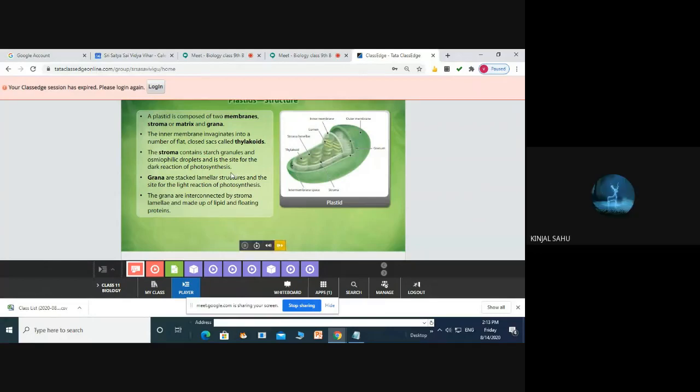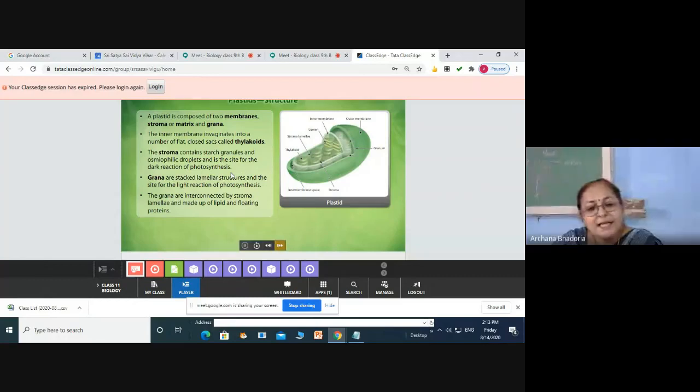Okay. Now the third structural component, that is lamellae. You write down third structural component, lamellae. The spelling is given here in the slide. Now there are two types of lamellae.